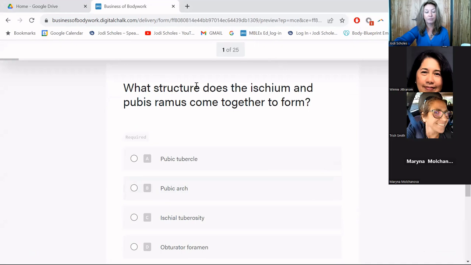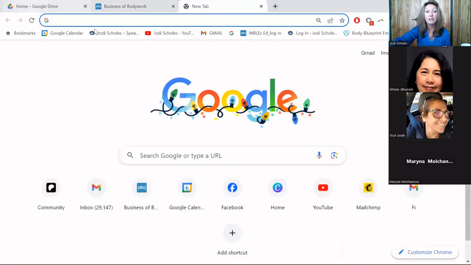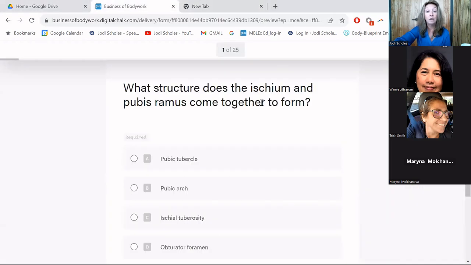What structure do the ischium and the pubic ramus form together? Now, this is also a demonstration of how you can go through and just take the quiz, or go through and see what the actual answers are. You can open a new tab and type in the question, or just say, structure, ischium, pubic ramus.